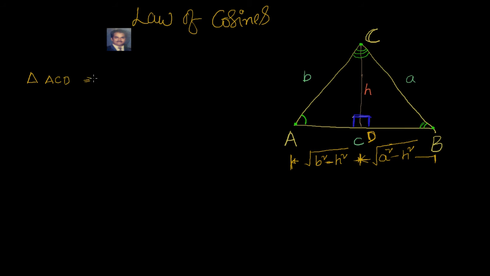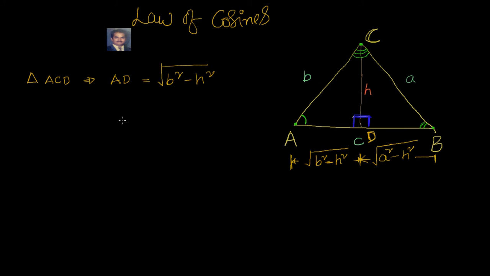Triangle ACD gives me AD equal to, this is a right angle triangle, hypotenuse is b, so the square root of b square minus h square. This is what I can get for AD.